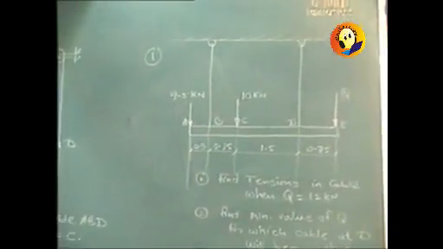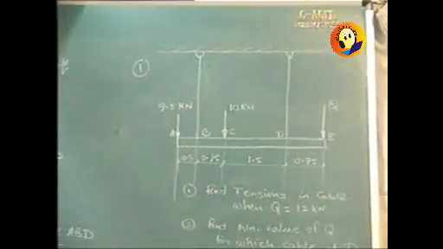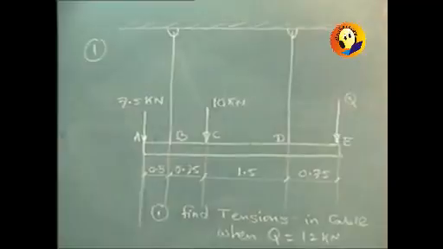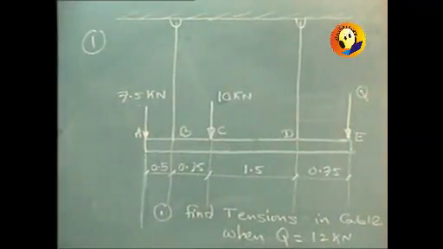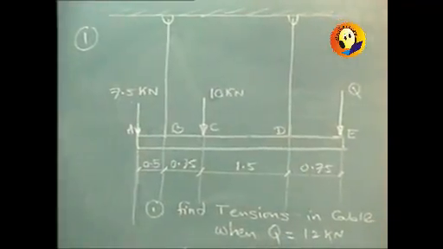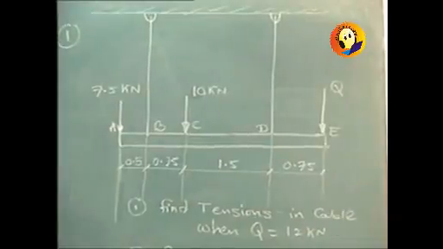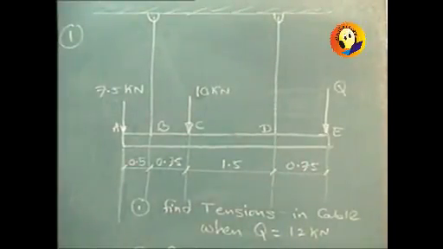Now, in this first problem, there is a beam A, B, C, D, E, and on that particular beam there are three loads, namely 7.5 kilonewtons, 10 kilonewtons, as well as Q kilonewtons. This beam is supported by two cables which are attached at point B and point D. These two cables can only take up a tensile load.